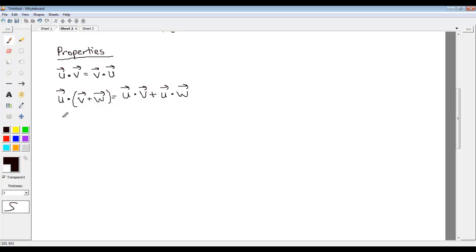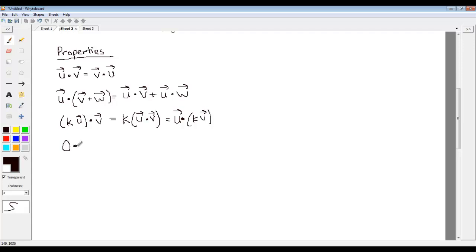If you've got a constant times a vector and then dot product with a vector, you can do this or this. So if there's a constant involved, there's a sort of associative property there.